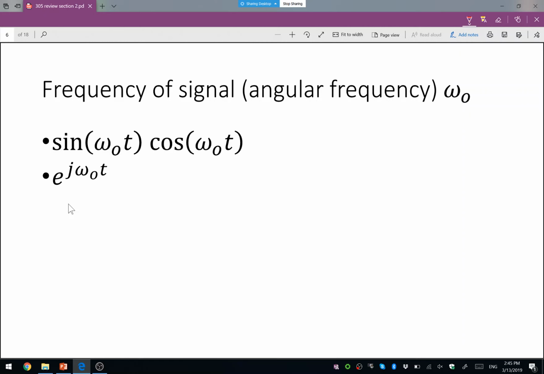Most of the time you will see something with pi, or when it's represented in omega, that's angular frequency. How to decide the angular frequency of some component? If you see sine of something times t, this is angular frequency, and in an exponential you see j something times t, and this is angular frequency.